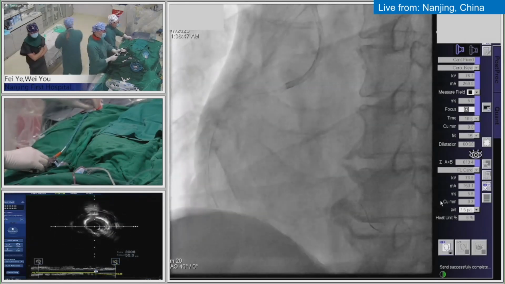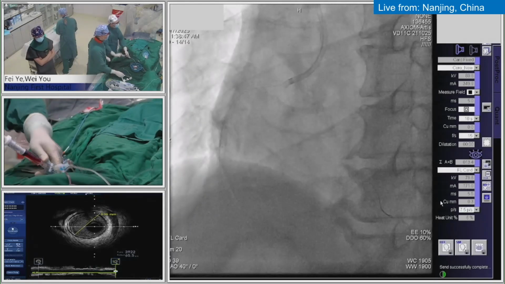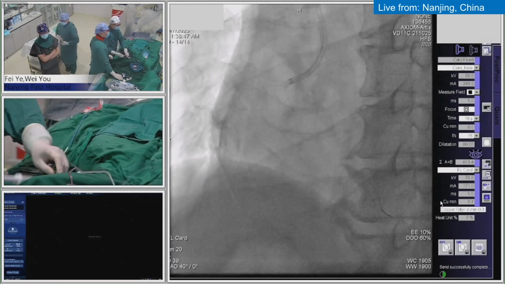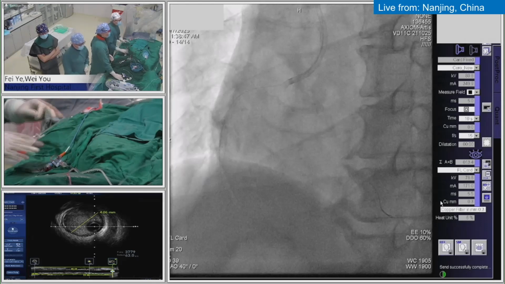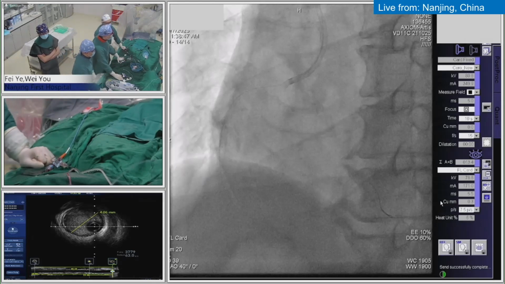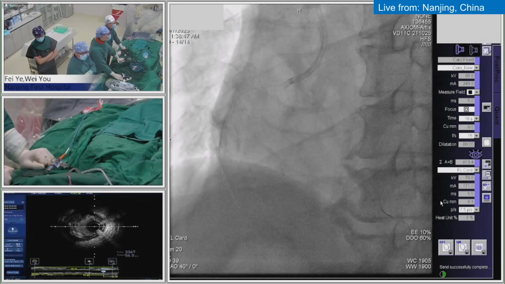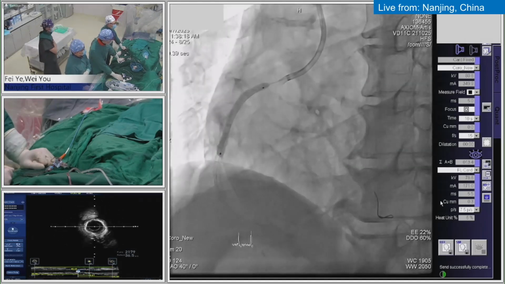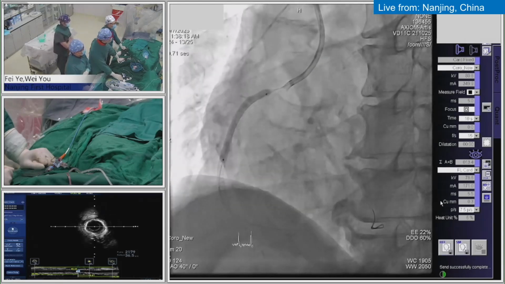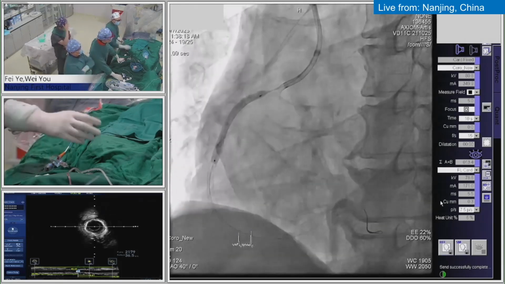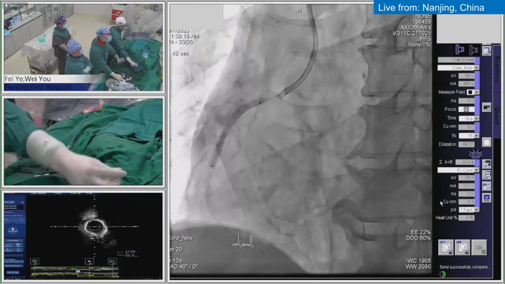So check the first run of the proximal RCA, or second run? The second run is proximal. So I think the 3.5 is better for the landing zone of the proximal part. If I use the 4.0 long stent, I will use low pressure to deploy.